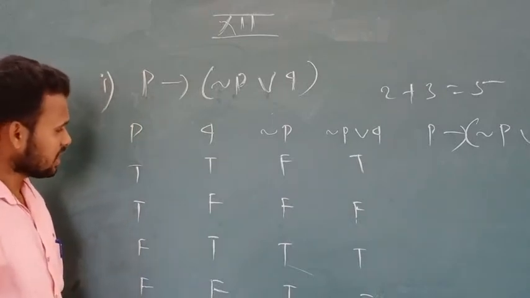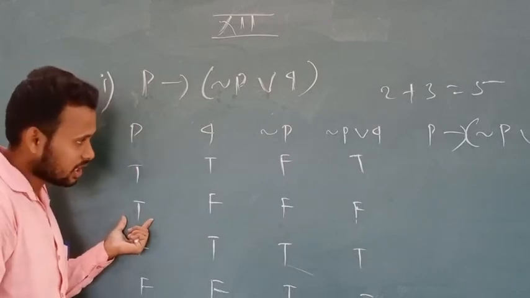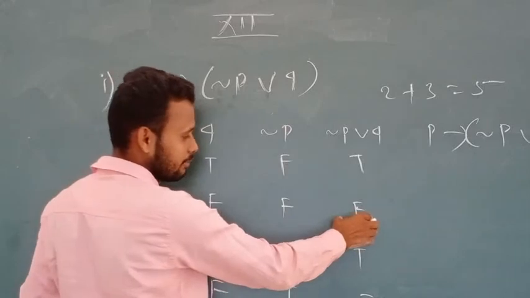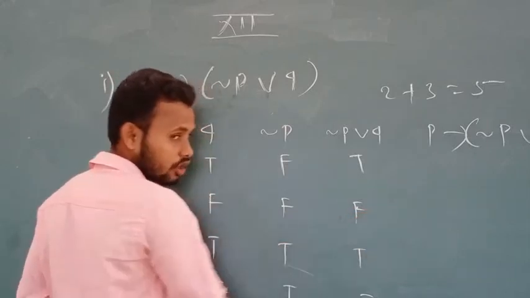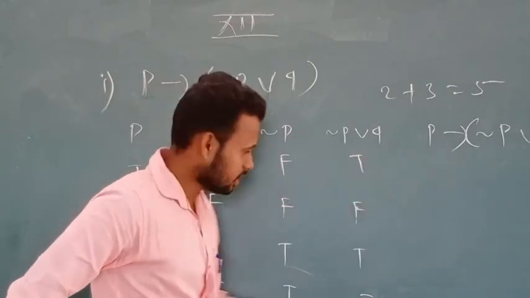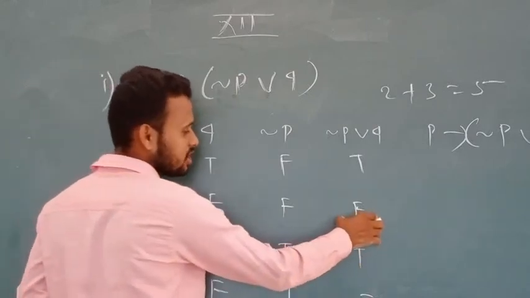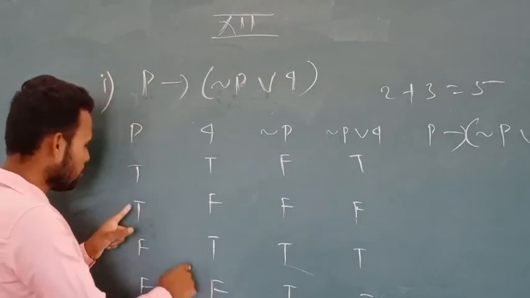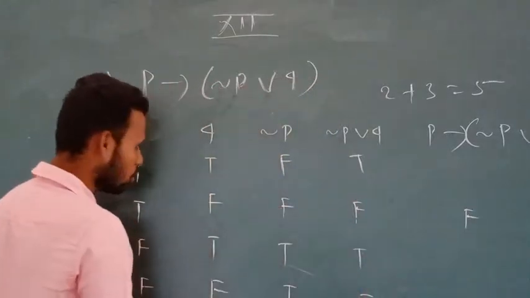Now we know that in a conditional statement, if the first substatement is true and the second substatement is false, then the conditional statement is false, otherwise it is true. Therefore here T and F, so only this is F, and the remaining values are true.